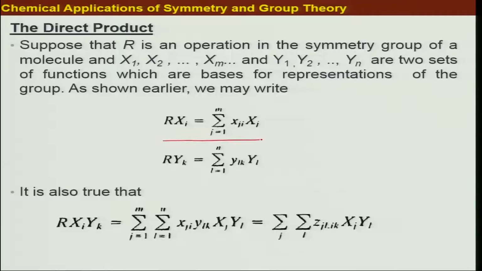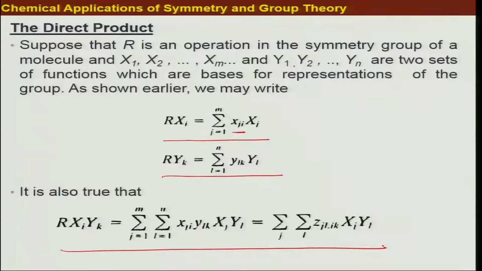I can express the operation R on xi as the sum of the contributions of each xi, in terms of the coefficients small x ji or small y lk. So I can write that, and we also have this particular relation.